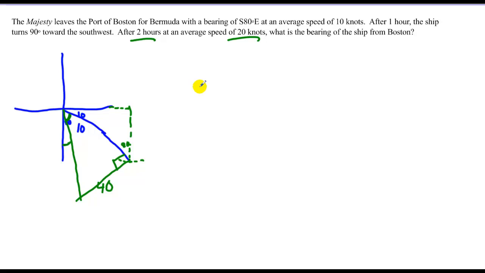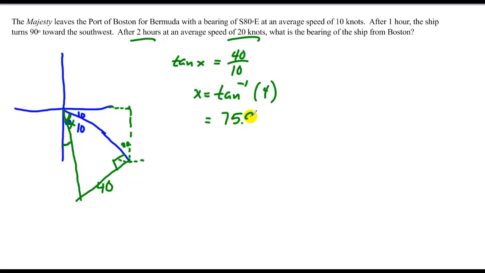So I'll use a tangent calculation. Let's call this x. Tan of x is equal to 40 over 10. So x equals the arctan of 4, which is about 75.96 degrees. So that's this green angle here.